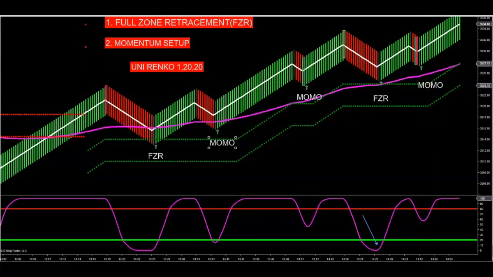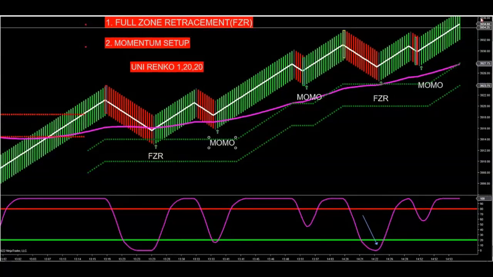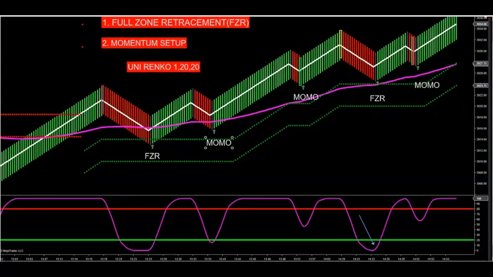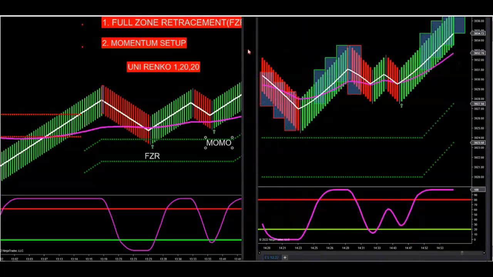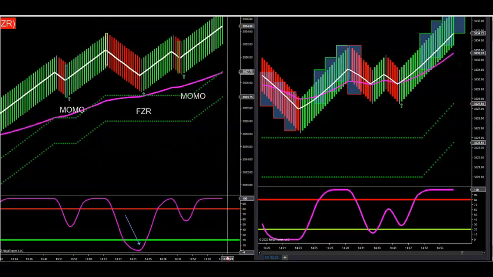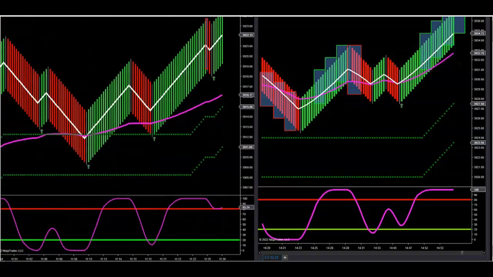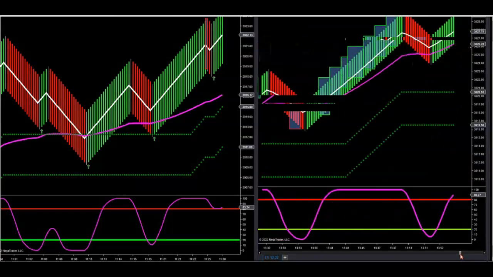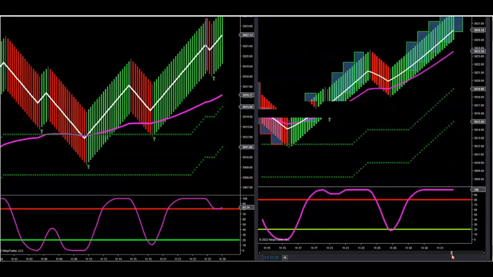Now, what you can do, you can use a smaller time frame off the 113.13. Now what we can do is look for Momo trades that fire, look for momentum trades that fire right after you get inside the FZR.